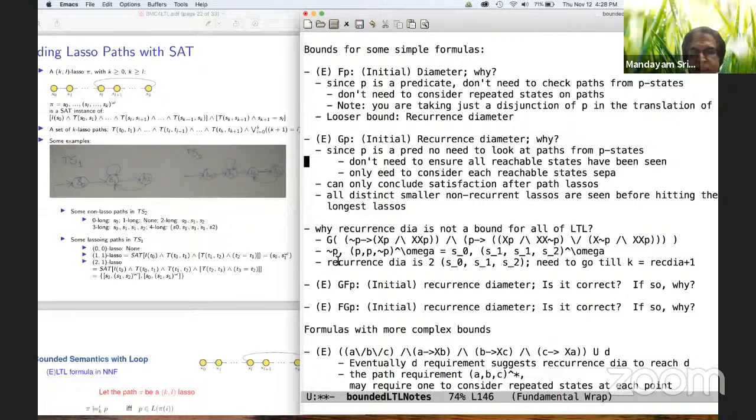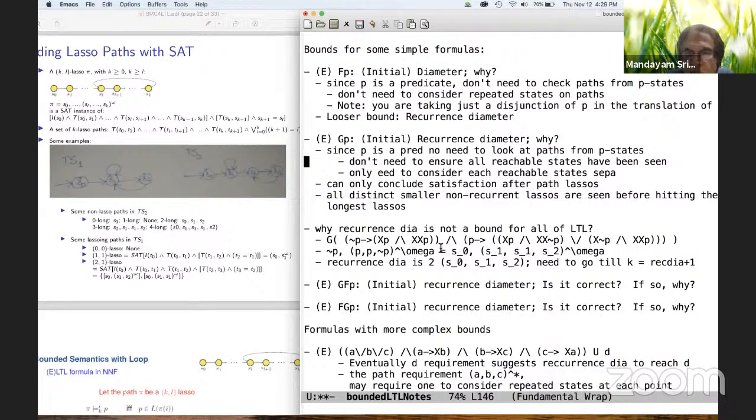Certainly there is a path that satisfies this kind of pattern: not P followed by P, P, not P. For this transition system, I'm claiming that not P, P, P, not P, infinitely repeating, is satisfiable.